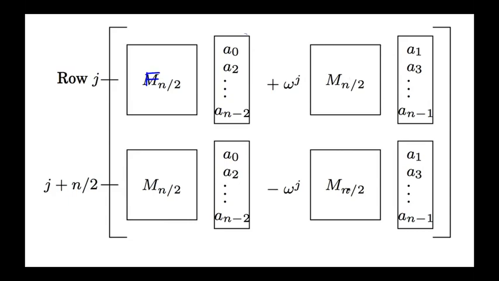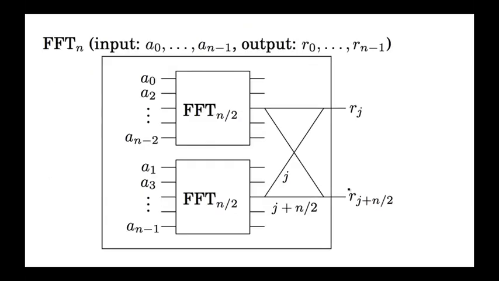Okay, so now this should tell you how to construct a circuit for this problem. It's going to be a recursive circuit. These are our input bits. We sort them, we take the even ones on top, odd ones on the bottom, and now we put these through a Fourier transform matrix.